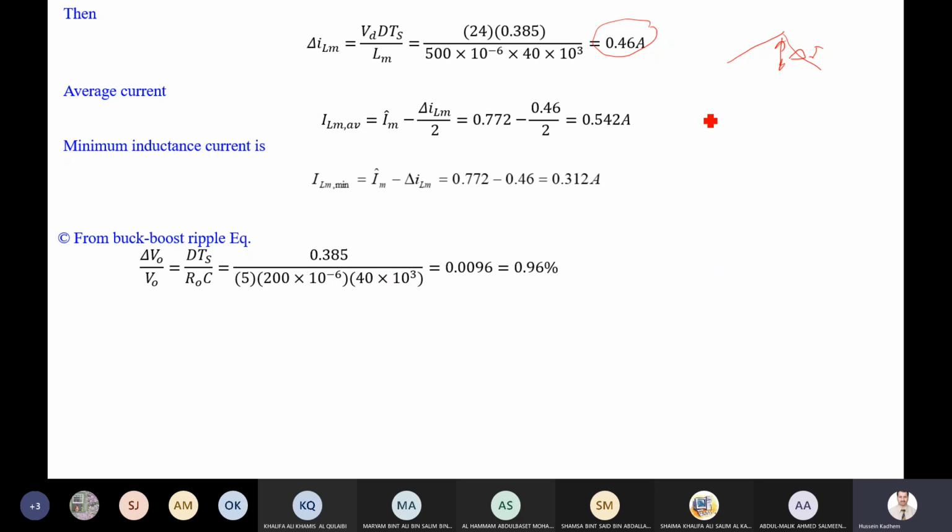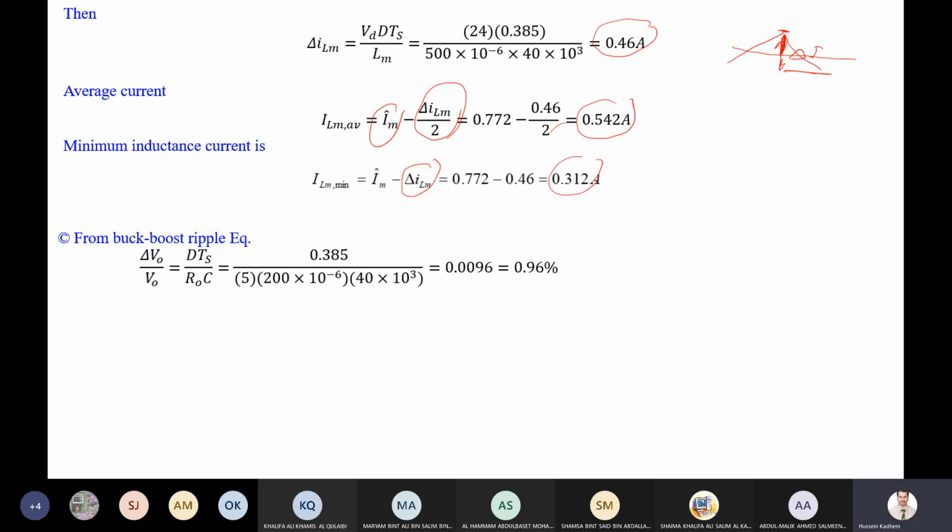Okay, I got it. Now, the average current here in the middle means the maximum current, which is this value, minus the distance here, which is delta I over 2. So I got the average value. What about the minimum? If I subtract delta I from the maximum current, I get the minimum.